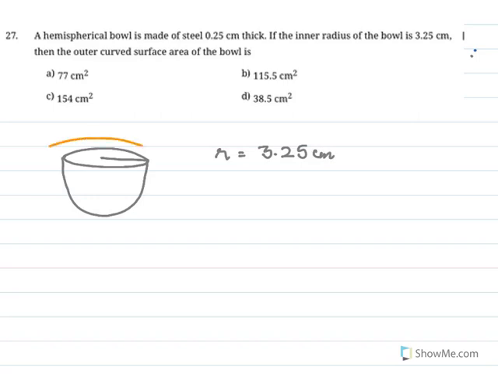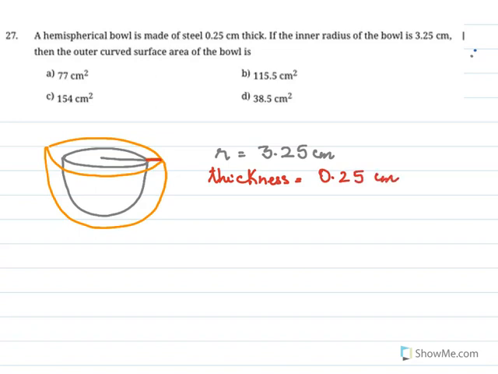And then we have the outer radius. The outer radius is, however, not given to us, but the thickness is given to us. This thickness, we'll put it in red, this thickness is 0.25 centimeter.